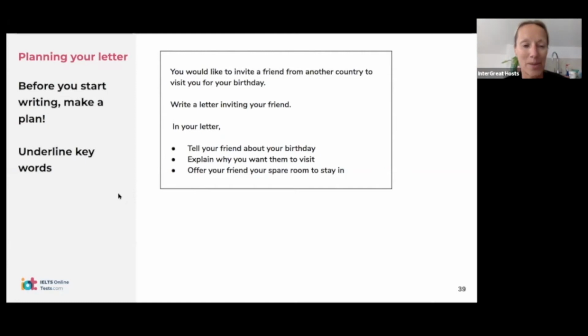What are the keywords in this letter, do you think? Invite, birthday, friend, another country. I'm talking really about the words actually in the task, not what you need to do.